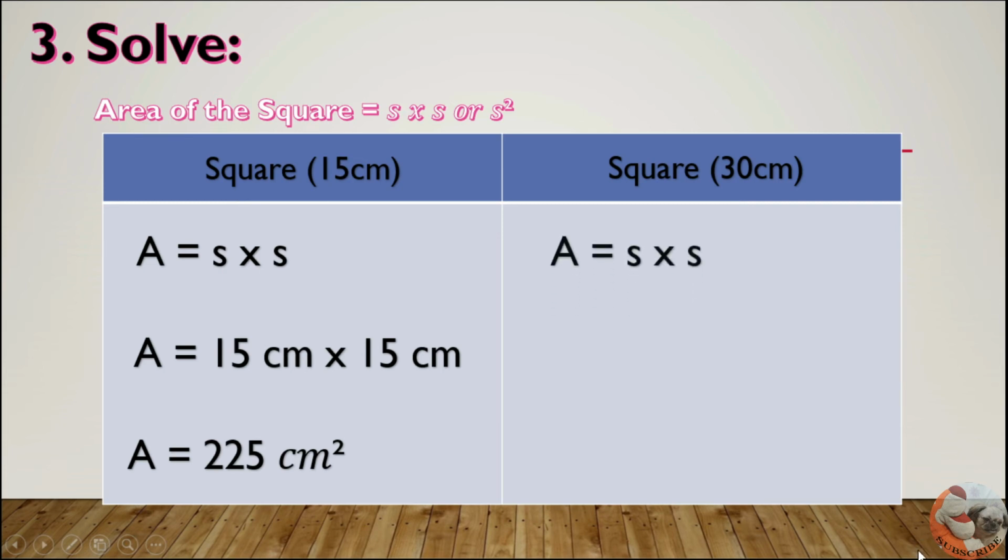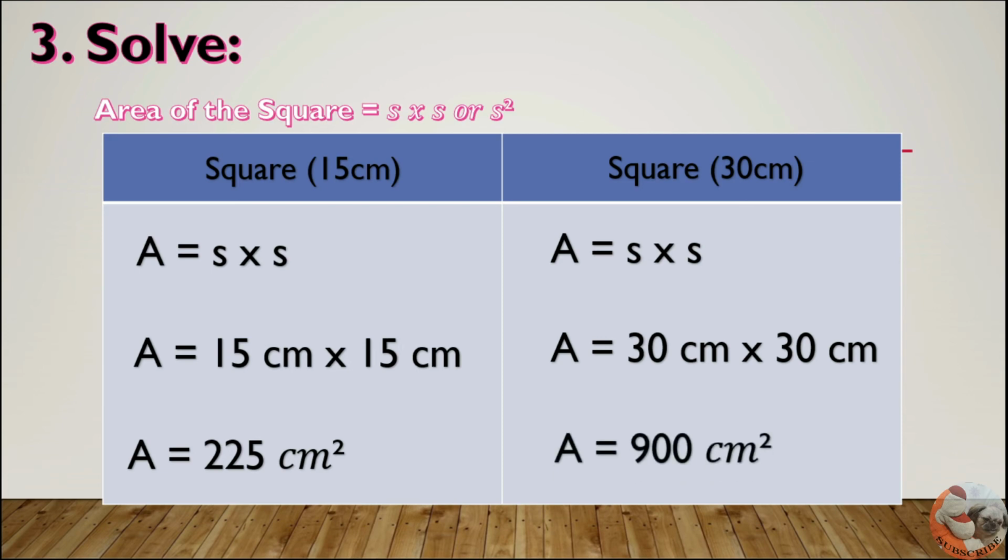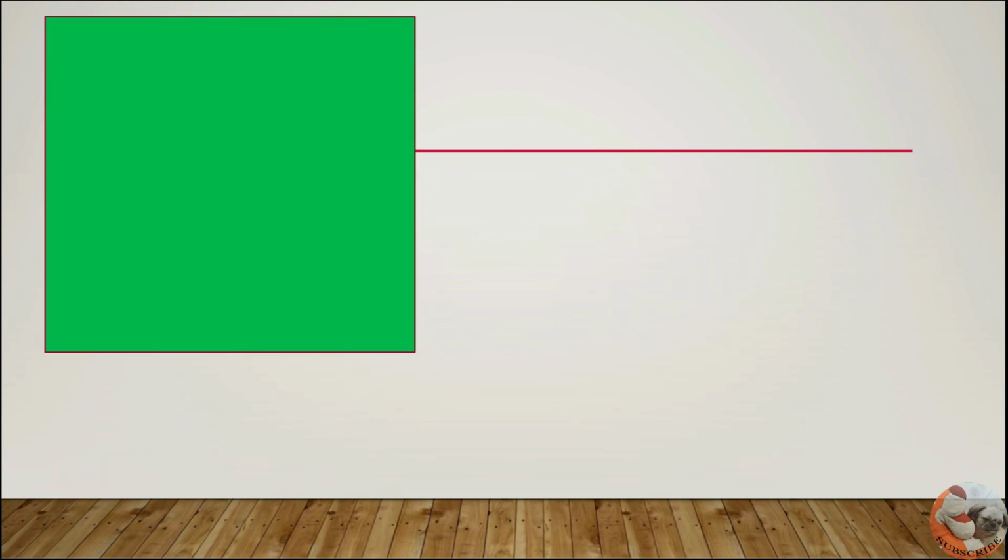From the formula, A = S × S. Area is equal to 30 centimeters × 30 centimeters. The area of the square whose side is equal to 30 centimeters is equal to 900 square centimeters. Here we have the square whose side is equal to 30 centimeters.